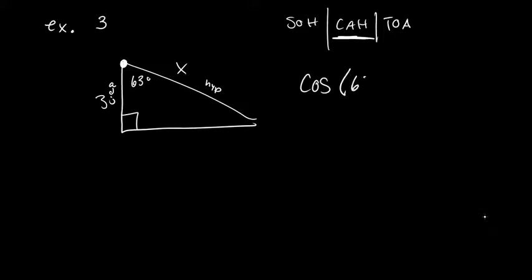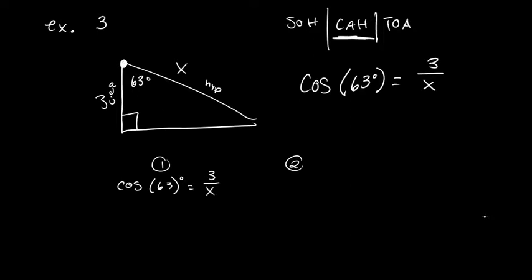The cosine of 63 degrees is equal to adjacent over hypotenuse, 3 over x. So in this situation, you are going to actually input a value and round at the very end. So I need to solve for x. In order to do so, I'm going to write out a couple different methods. The first of which I'm going to just multiply each side by x and get x out of the denominator.